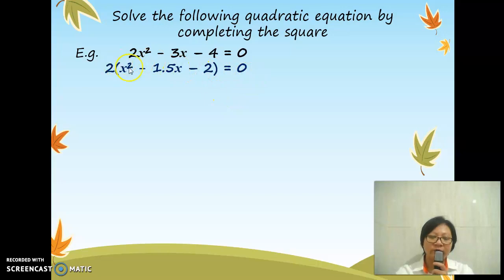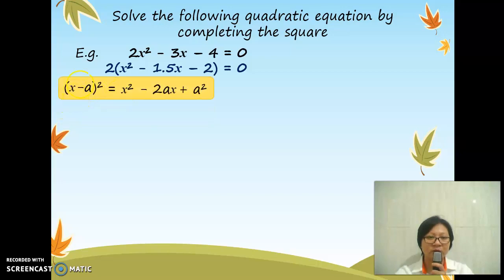Now we have the quadratic equation with the coefficient of x squared equal to 1. Now it's time to use the algebraic perfect square, using the special algebraic identity like this. Since the sign of the linear term is negative, use the negative sign like this.